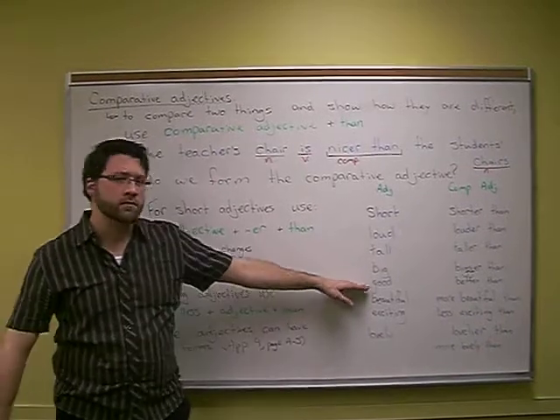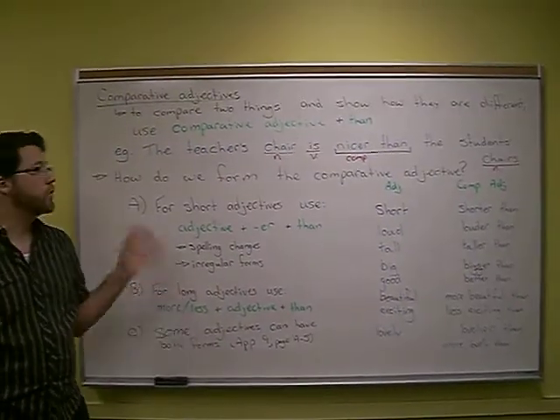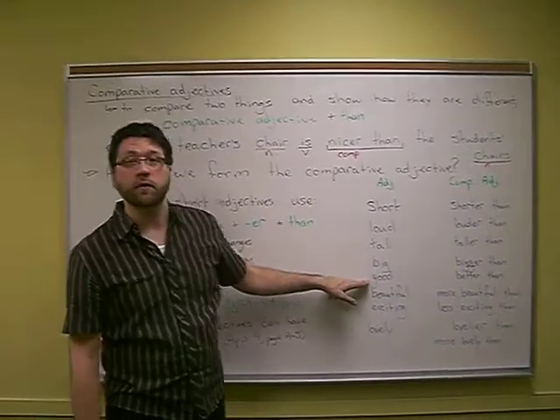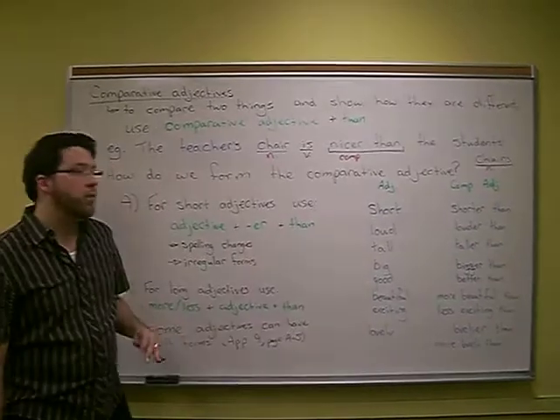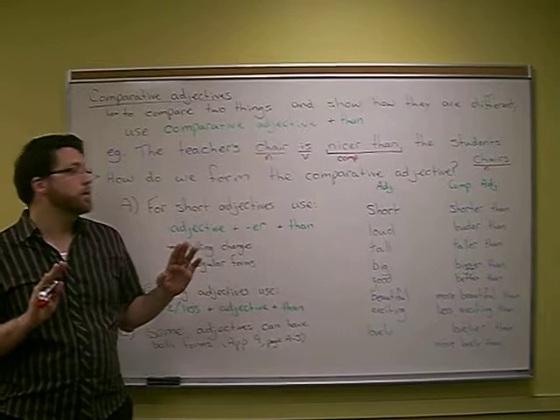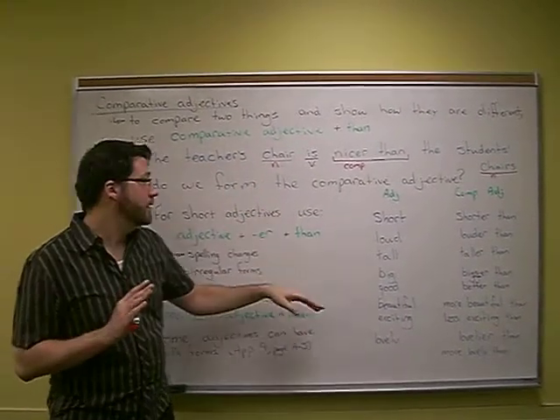The next one, sometimes we have irregular forms. The word changes completely. For example, good. If I wanted to compare two scores, my score and ISIS's score.